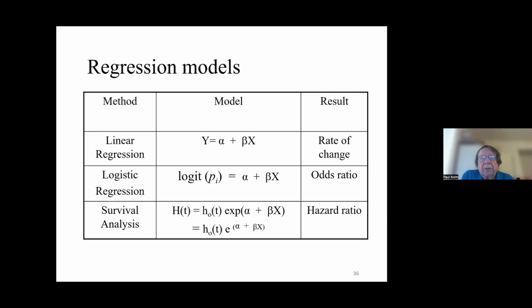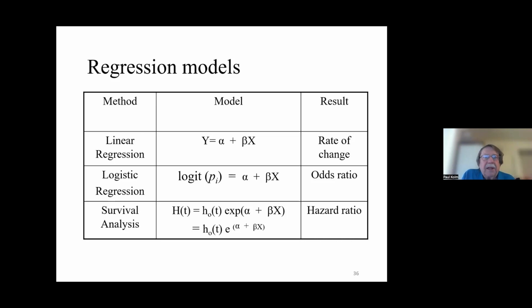Our logistic regression equation is modeling the log odds, and so the result that we get from logistic regression is an odds ratio. In other words, the odds of the event for one of the outcomes versus the odds of the other possible outcome.